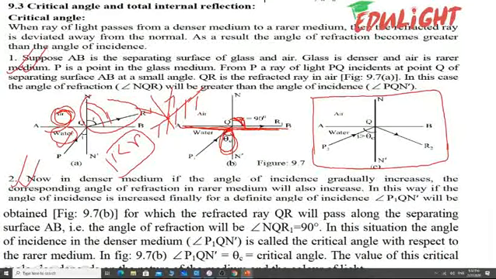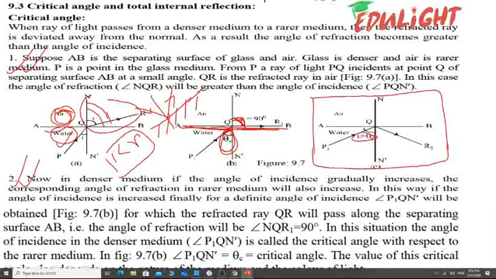So when the incident angle is increased from the critical angle to a definite value, let's say 60 degrees, it will follow the reflection phenomenon.